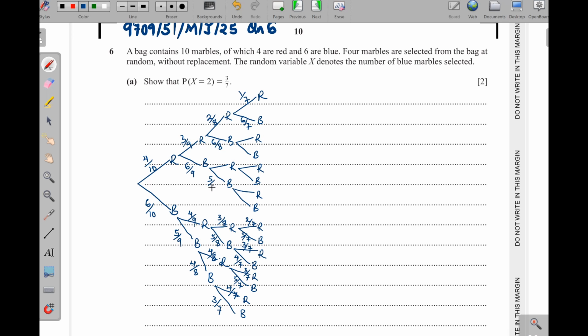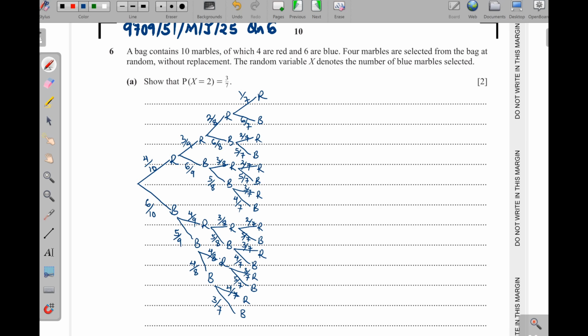This will be 5 over 8, then 4 over 7, then 3 over 7, and then this will be 3 over 8, since this one is 5 over 8. And then red. So if this is 3, then this will be 2, but then over 7, then 5 over 7. Then blue. So this one will be 5 over 7, then 2 over 7.